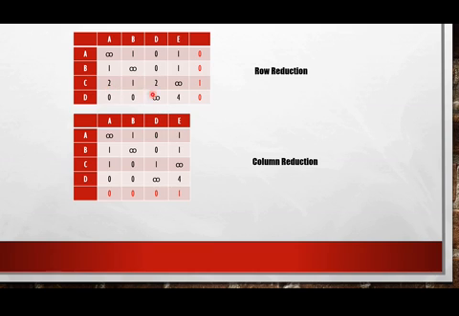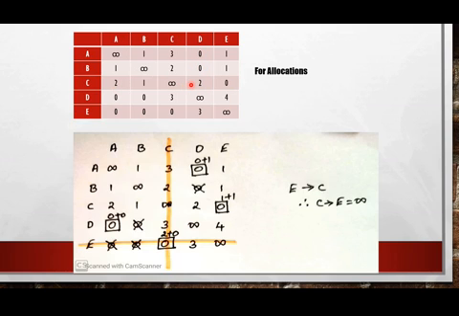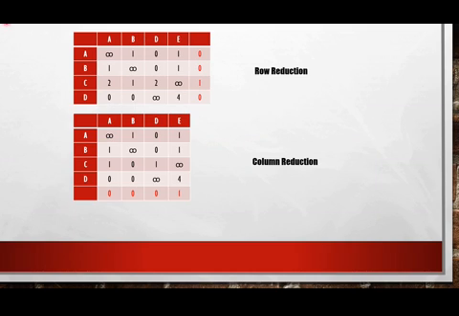Coming to this row, 0, 0, infinity, 4. Now, is there a need for row reduction? Yes. Find out the minimums. First row 0, second row 0, third row minimum value is 1. Fourth row minimum is 0.